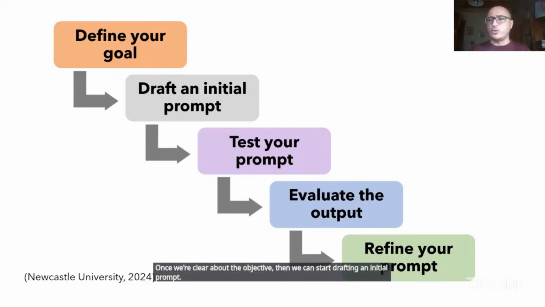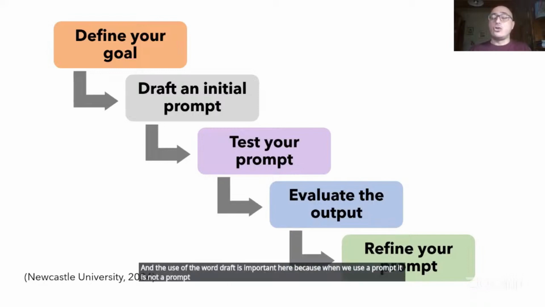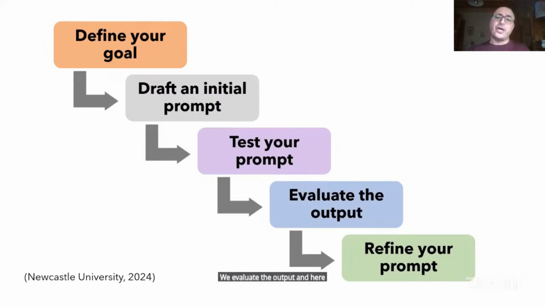And the use of the word draft is important here, because when we use a prompt, it might not be the final version. We might need to keep refining the prompt depending on the output that is generated by the technology. So we draft an initial prompt, we test it, we evaluate the output, and here you can see the third stage of the pyramid I showed you earlier coming into play.